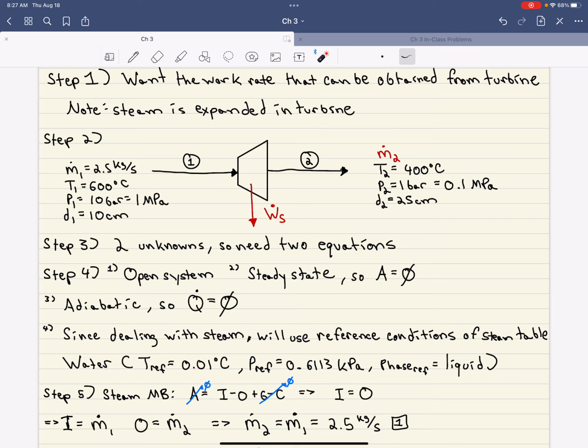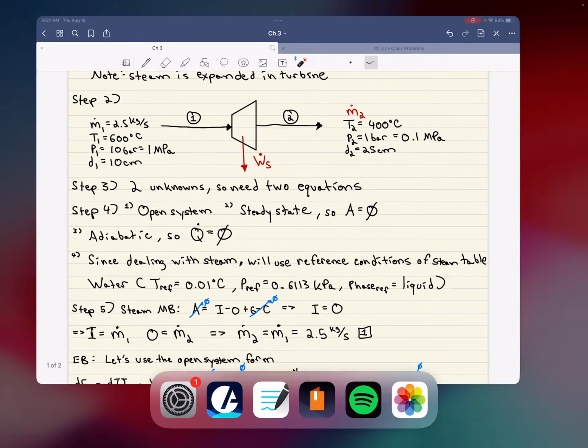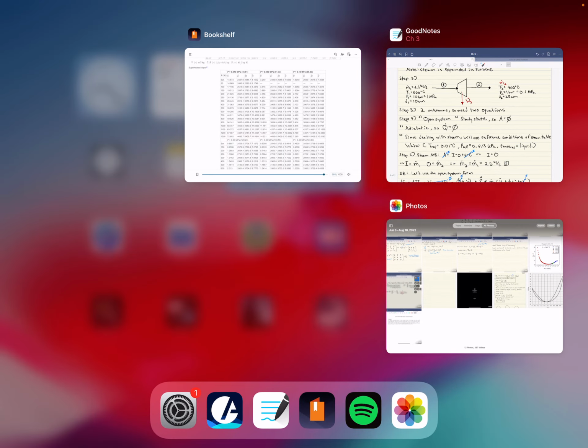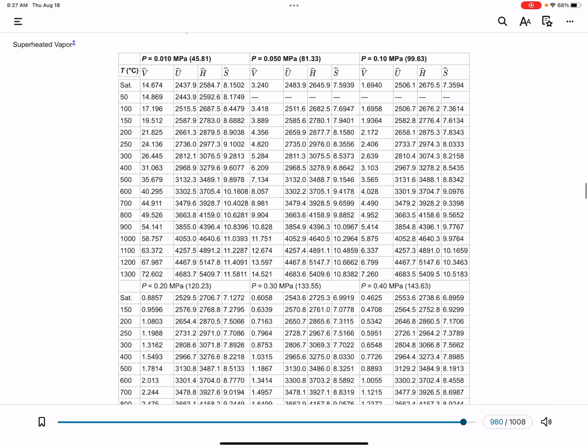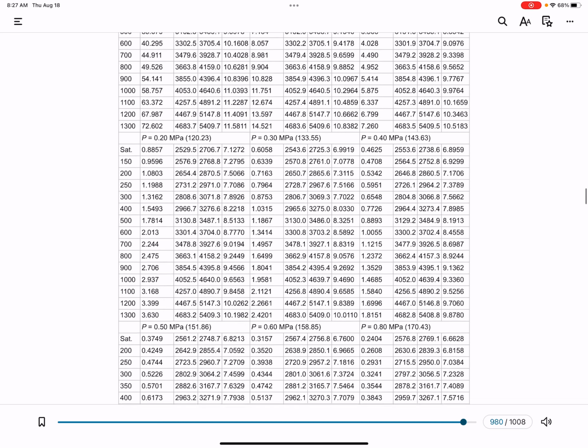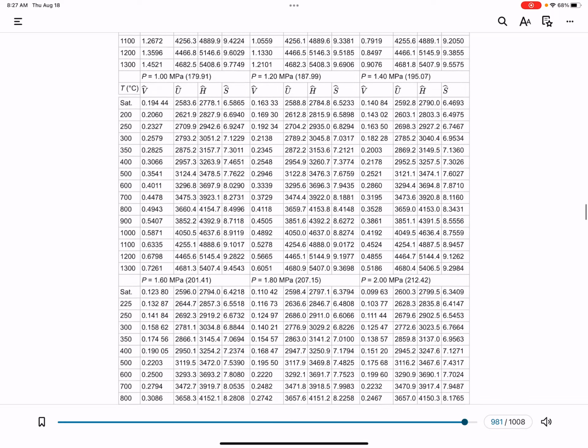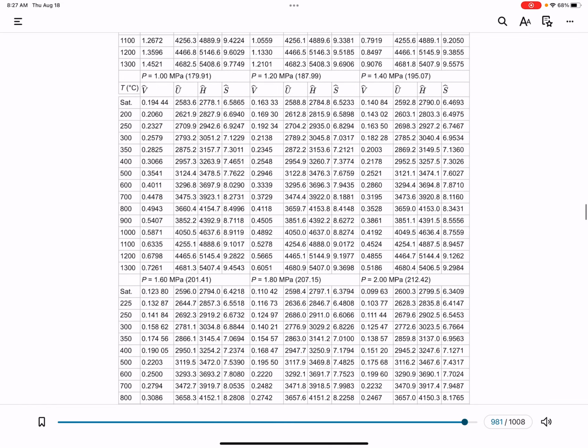And so the way we'll figure that out, if we jump to the steam tables in the book, is by looking up, if we go to the superheated vapor steam table in the back of our textbook, what we could do is we could just look up the pressure of the stream. So for the inlet, we're at 1 megapascal.